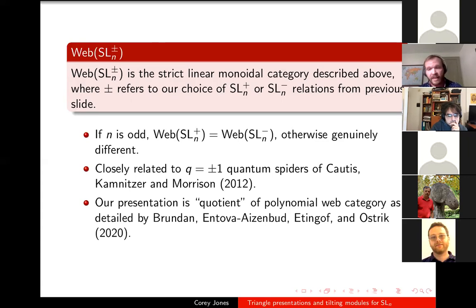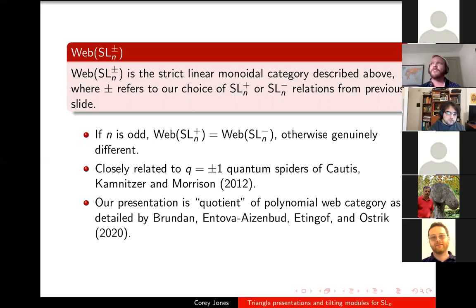Our presentation with these generators and relations comes from the work of Brundan, Tuba, Elias, Ebert, and Ostrik, where they have these polynomial web categories. So basically the same categories we just defined, but taking only the first GLN relations, and then adding extra relations that make the nth wedge power isomorphic to the identity, with some compatibilities.